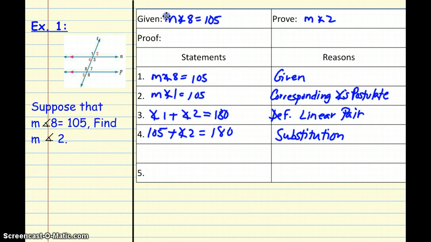Okay, so from here, now I'm going to get angle 2 by itself, so I'm going to subtract 105 from both sides. So then I get angle 2 is equal to 75 degrees. And why is that? That's the subtraction property of equality.